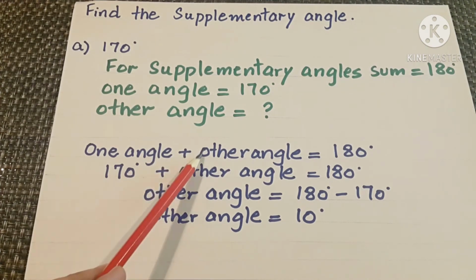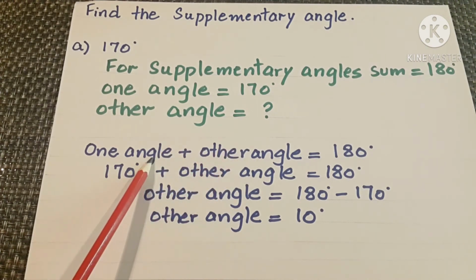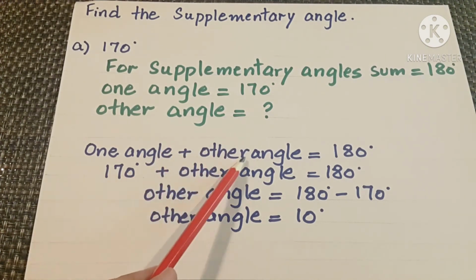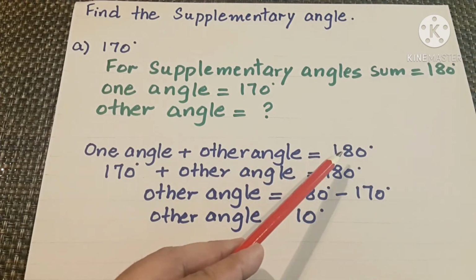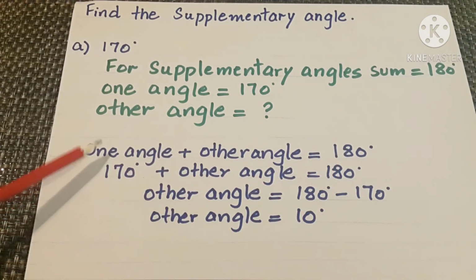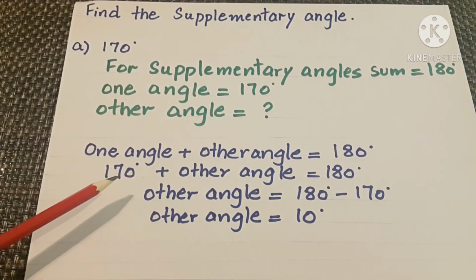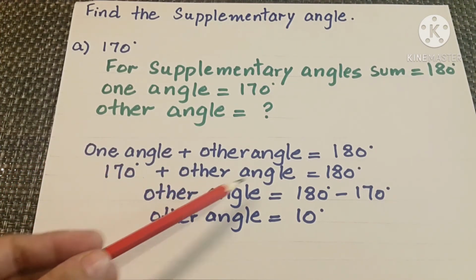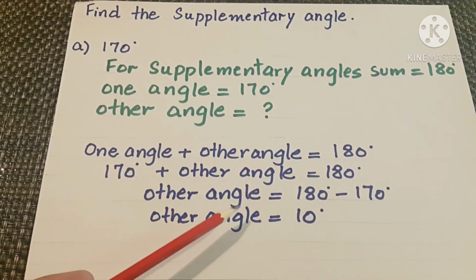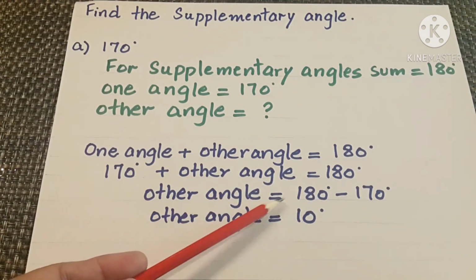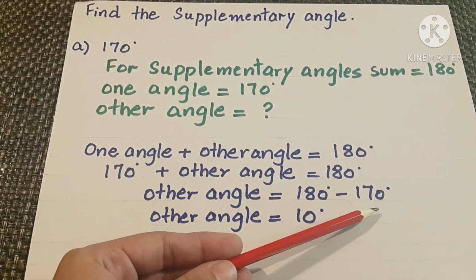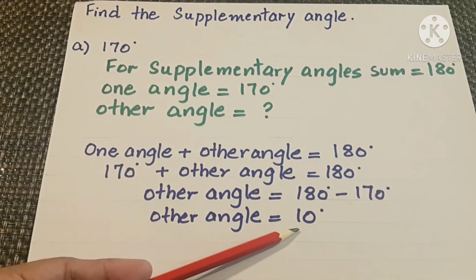Now one angle plus the other angle, it means their sum, when we add them, this should be equal to 180 degrees. Now we substitute the value. One angle that is given to us is 170 degrees, plus the other angle is equal to 180 degrees. How will we find the other angle? It is equal to 180 degrees minus 170 degrees, we get 10 degrees.